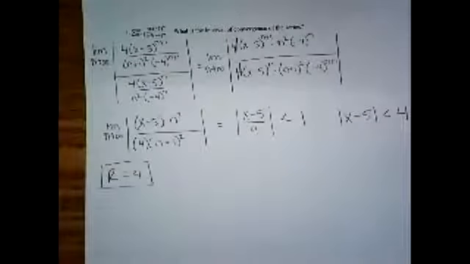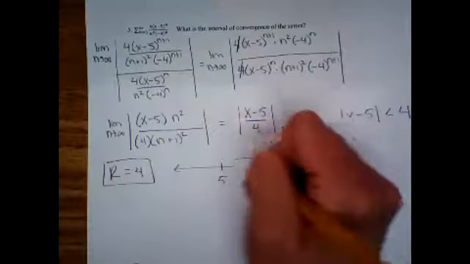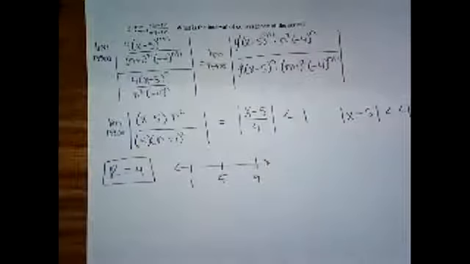So you can get 4 units away from the center. And we said, where's the center? Center is at 5. So 4 units away will give you 9 and 1. So then you have to test those endpoints to see if you include them or not.